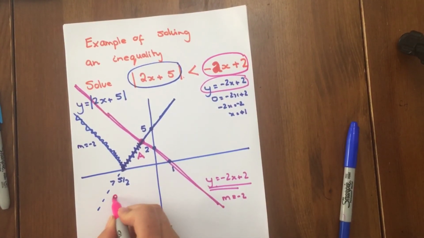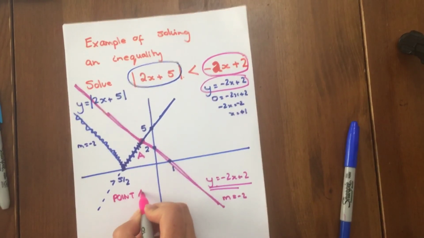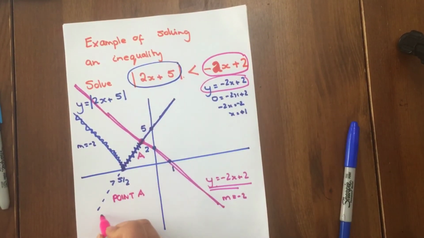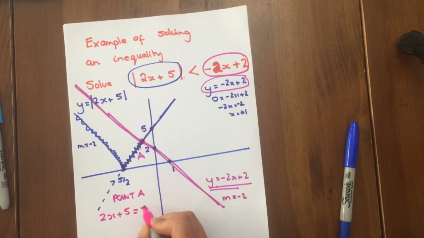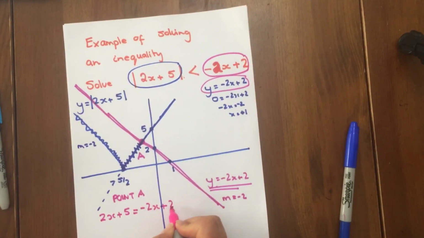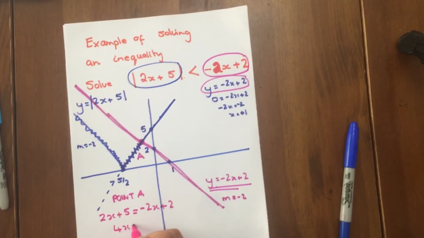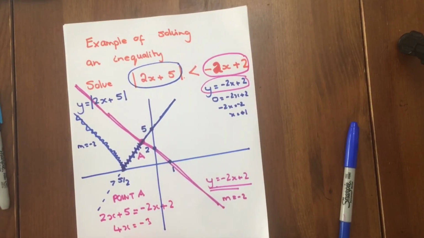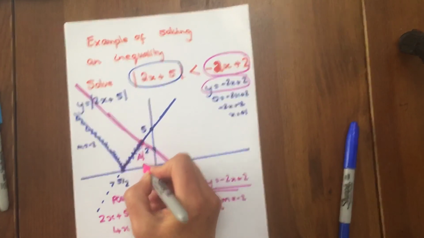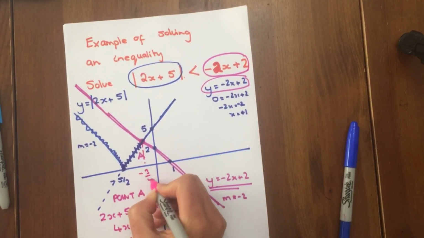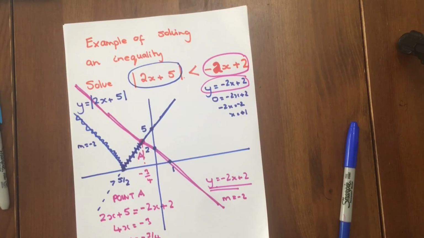So to find point A, I know that the positive modulus is equal to my line. So 4x is negative 3, so x is negative 3/4. So x is negative 3/4 here. So my answer will be an inequality.